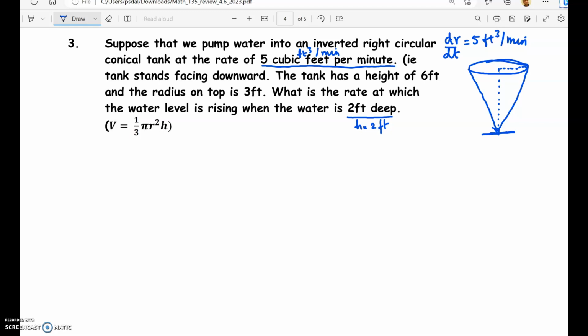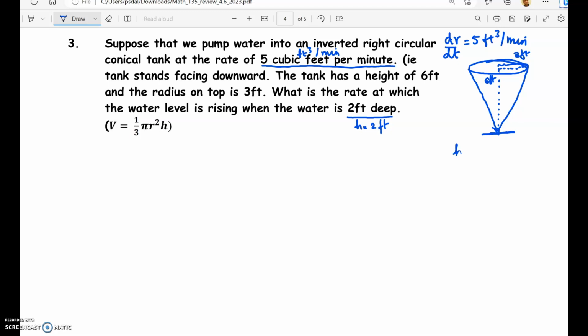The tank has height 6 feet, so it stands at a total of 6 feet. And the radius of the top is 3 feet. The reason why we are given this information is because this gives us the relationship in general between the height of the cone and the radius of the cone.